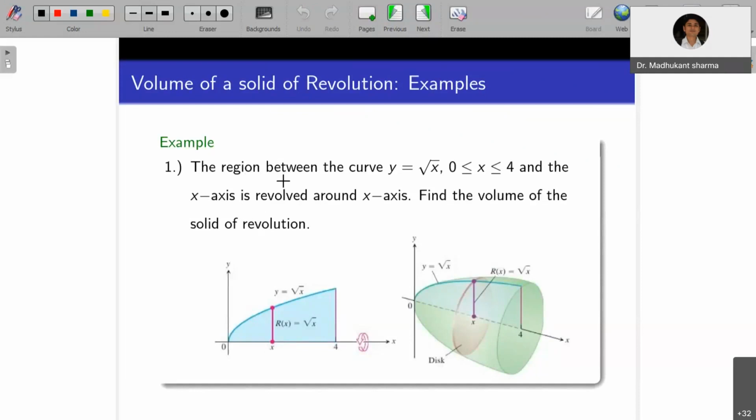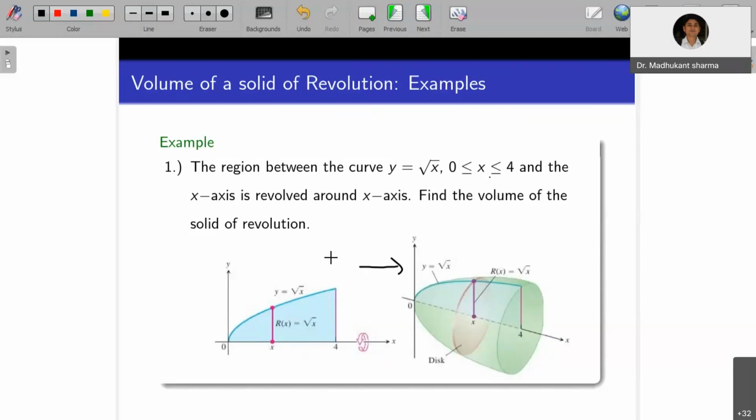The region is given here between the curve y equals root x, with x values from 0 to 4, and the x-axis. The region is revolved around the x-axis, which will generate the solid. So you have this explicit equation of f of x.